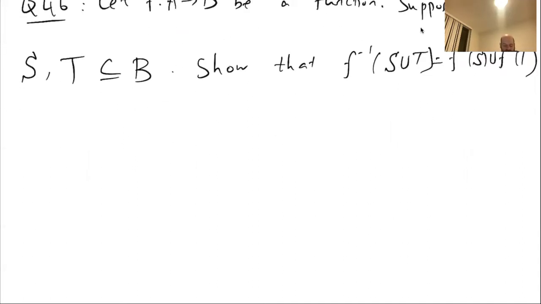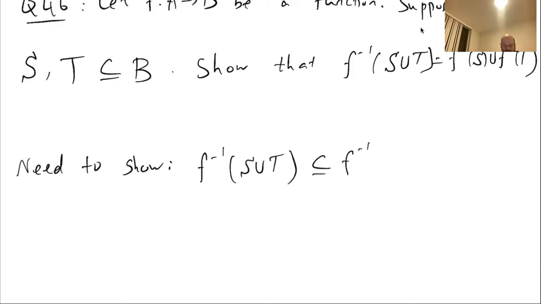So we need to show f inverse of S union T is a subset of f inverse of S union f inverse of T. So let's call this one 1.